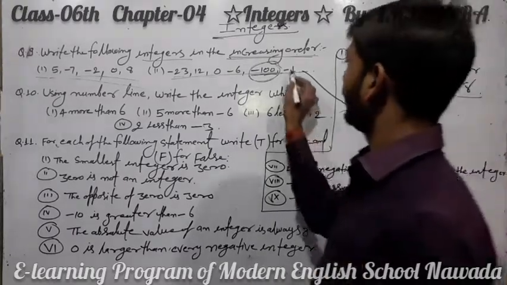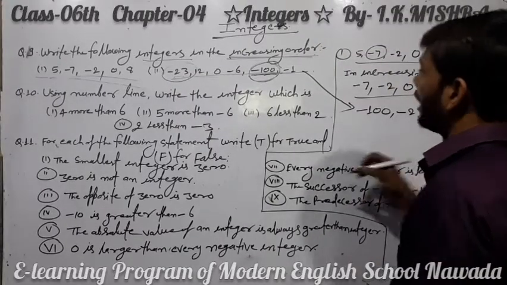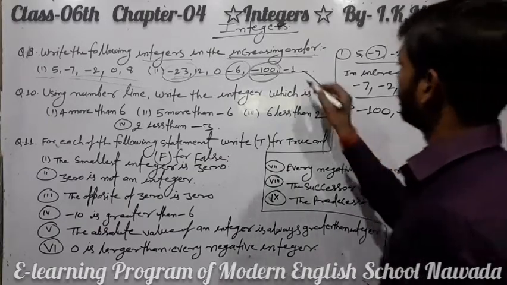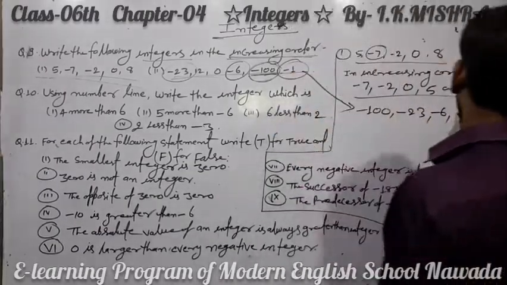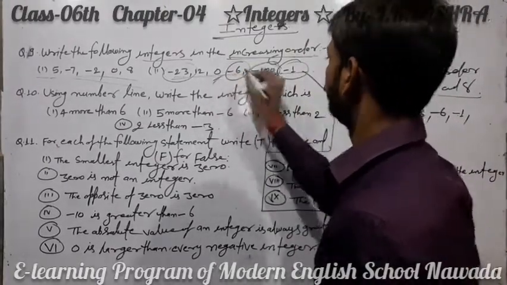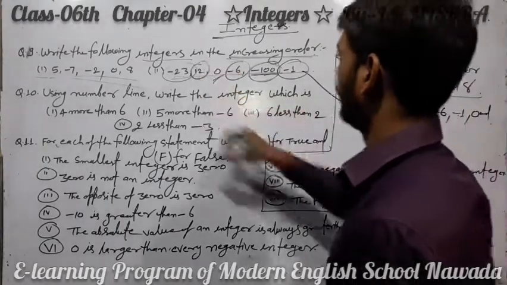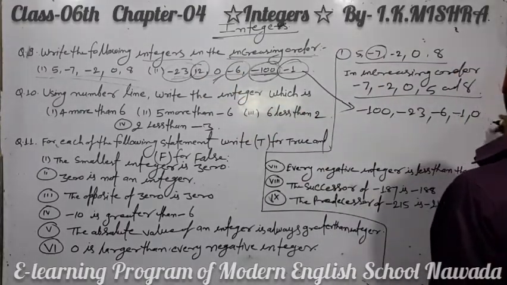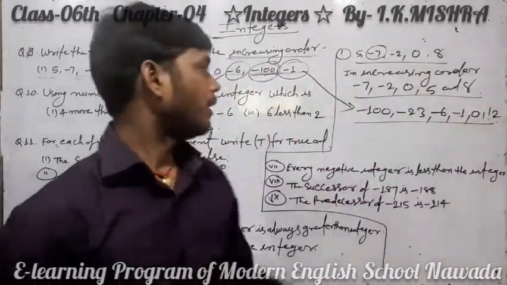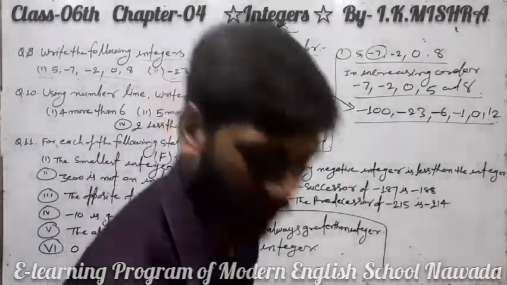After that minus 23, after that minus 6, after that minus 1, and after that 0 and finally 12. These are arranged in increasing order of integers.